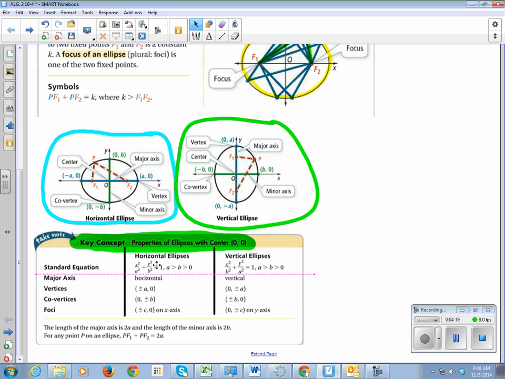So the standard equation, and the way you can differentiate between an ellipse and a circle is by the denominators here. You still have an x squared, you still have a y squared, but instead of equaling a value, we're going to equal a number, and a and b are going to be 2 different values.